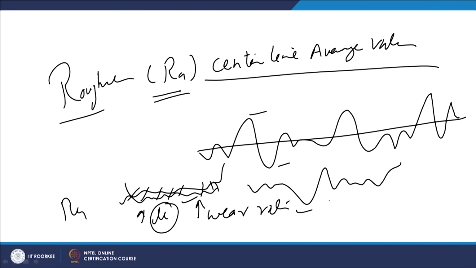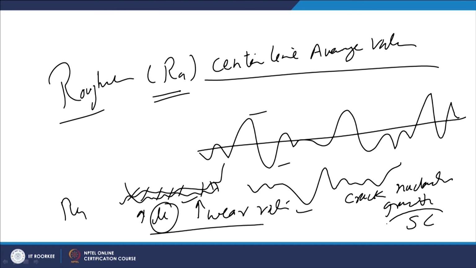Apart from affecting the friction and the wear behavior, the surface roughness, especially the valleys present at the surface, acts as a point of stress concentration, which facilitates easy crack nucleation and growth.